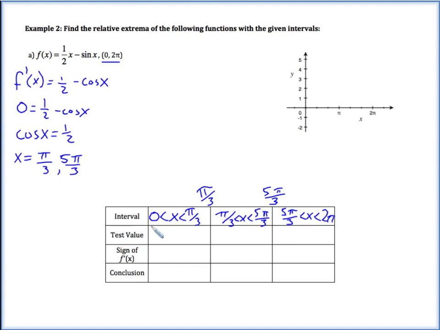Okay, so we need some test values between 0 and pi over 3. So we could try something like pi over 4. We need a test value between pi over 3 and 5 pi over 3. Well, pi is right in the middle there.